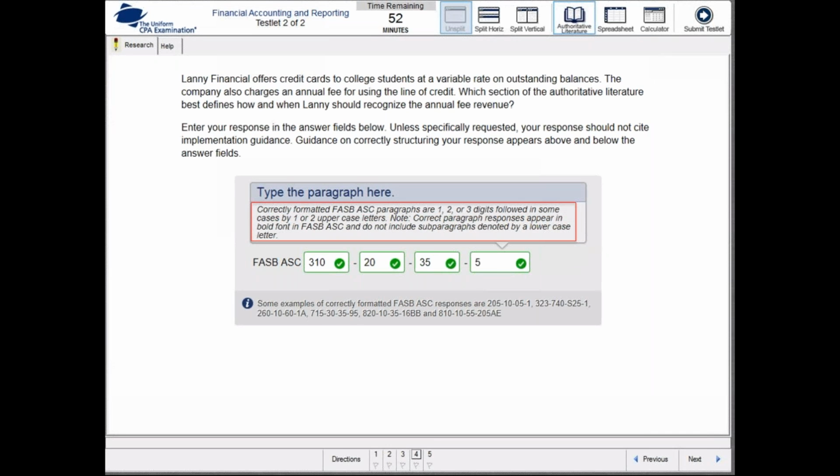And then it tells you the format of the last piece of this, which is basically 1, 2, or 3 digits, followed in some cases by 1 or 2 uppercase letters. So that's why I'm saying it's very important to write this down correctly, and also make sure that you practice these so you're used to seeing how to answer these questions and how they're formatted.